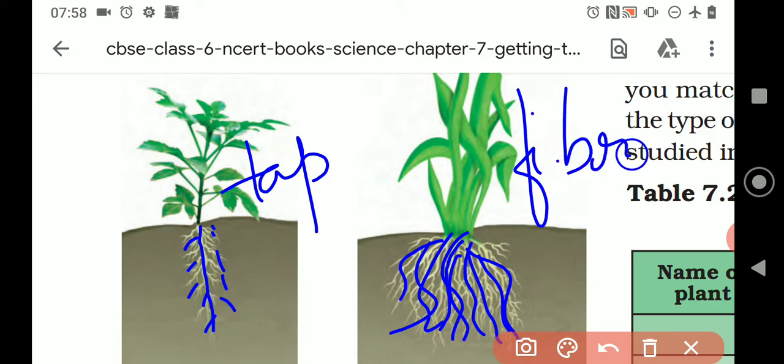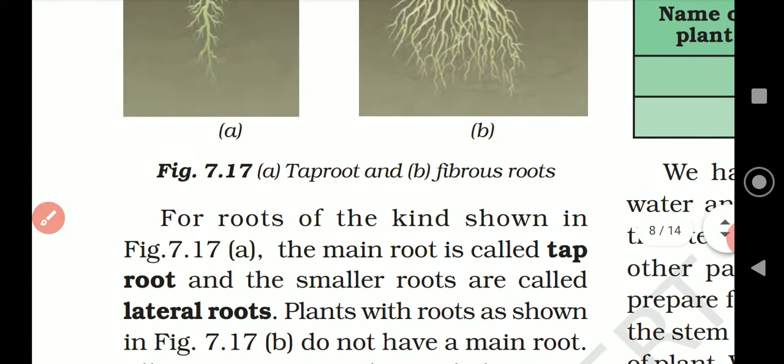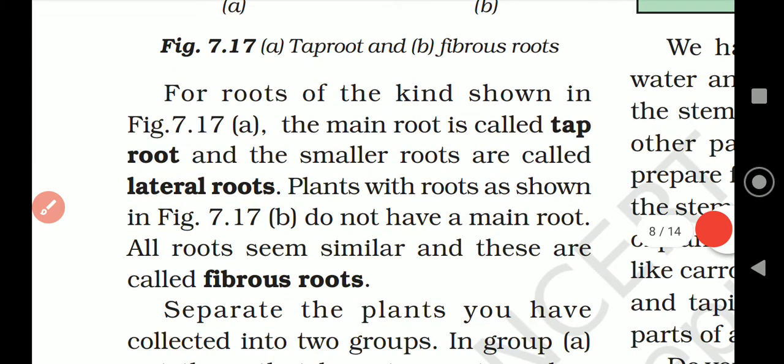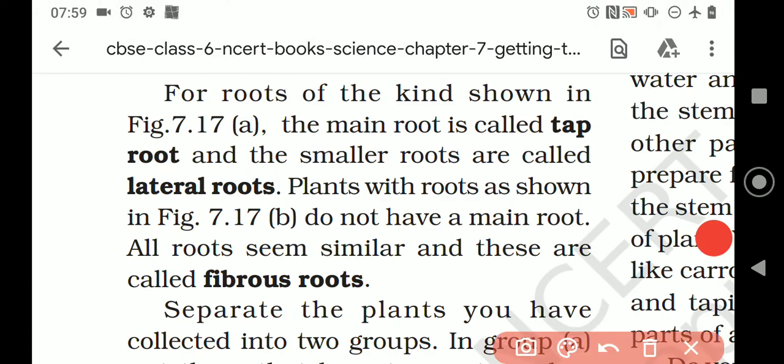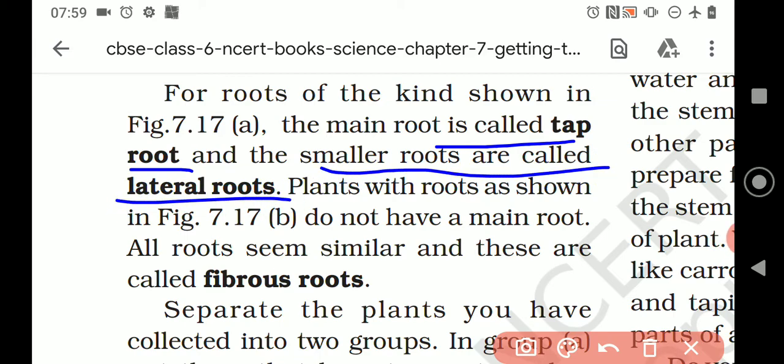So now we know there are two types of roots, tap roots and fibrous roots. Now, for roots of the kind shown in 7.7a, the main root is called, you can underline, I just taught you, the tap root and the smaller roots are called lateral roots.